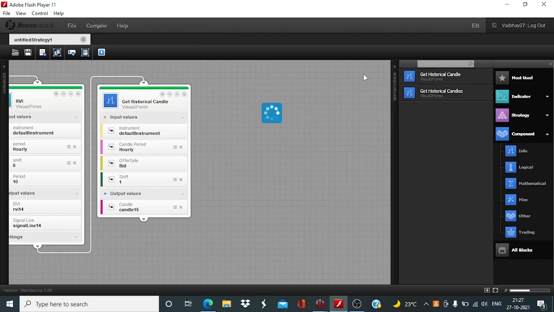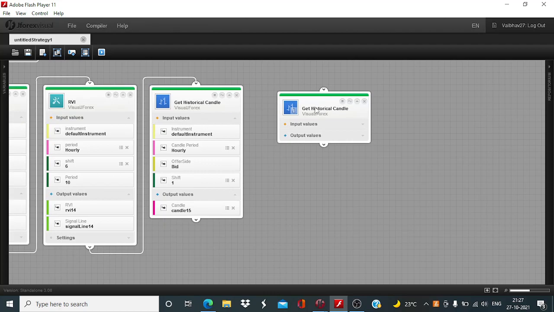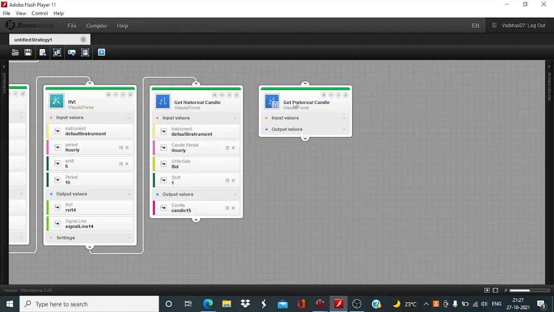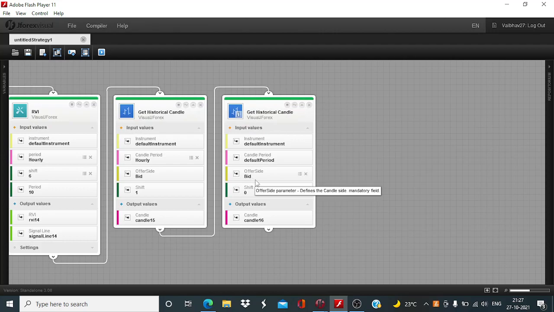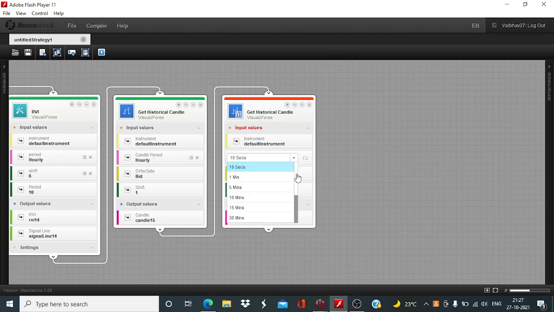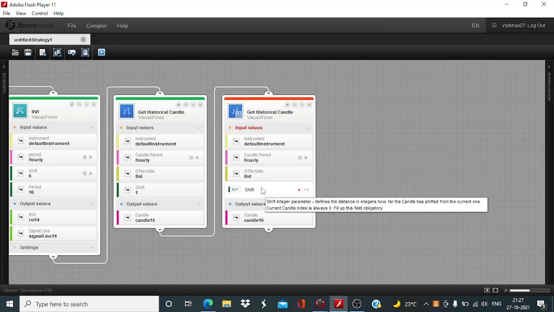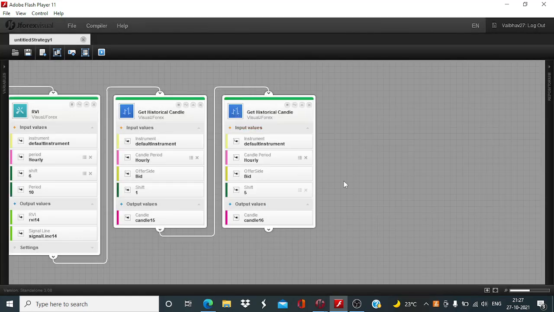One more will be needed as we are going to take the interval between two historical candle with the time interval of 4 hours. So we will need to define one more get historical candle with shift value of 5. So 5 minus 1, the difference becomes 4. Okay.